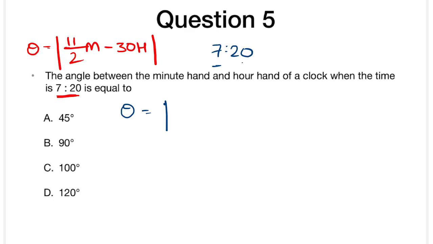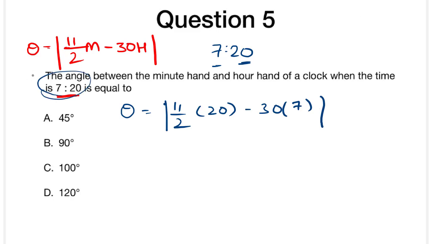Here 7 is the hour and 20 is the minutes. So 11 by 2 into the minutes, which is 20, minus 30 into the hour, which is 7. So 11 by 2 into 20 is 110, minus 210, and taking the modulus, it's going to be 100 degrees.